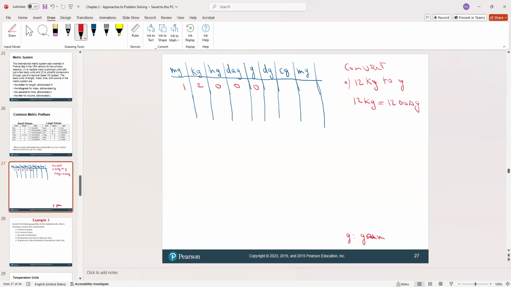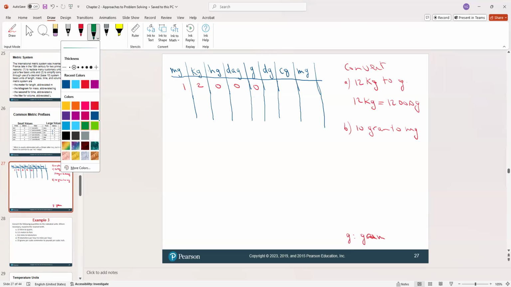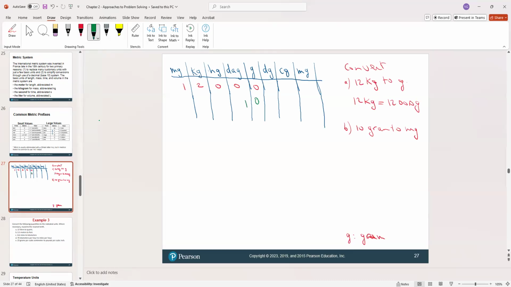If I want to convert 10 gram to milligram, this is 10 gram. We go to milligram. So 10 g would be equal to 10,000 milligram, right?